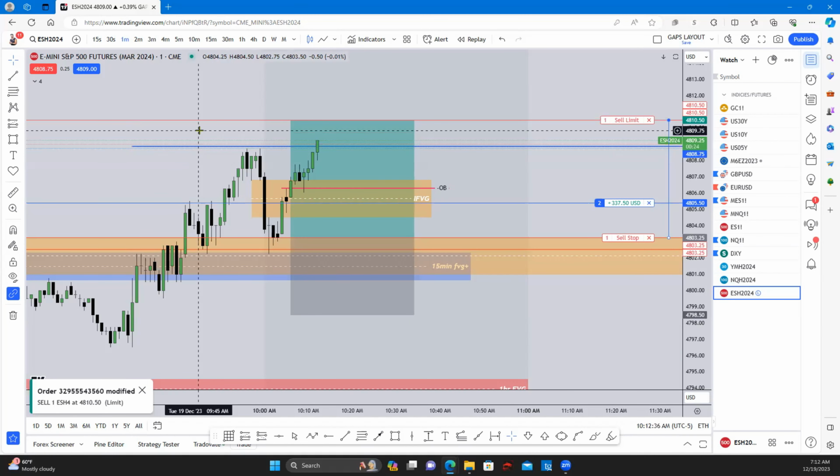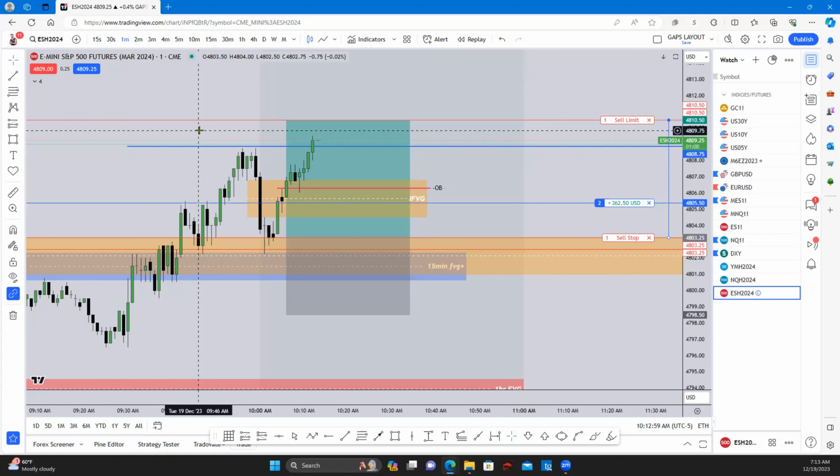Taking the high here, running down to equity. It's a little bit more.